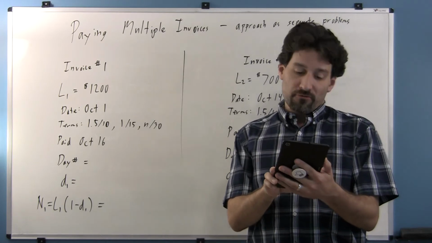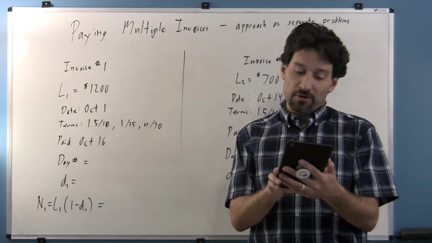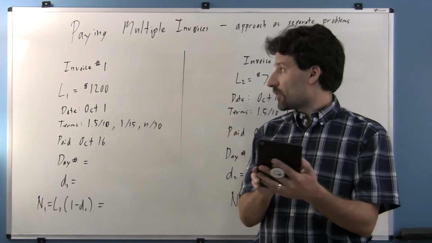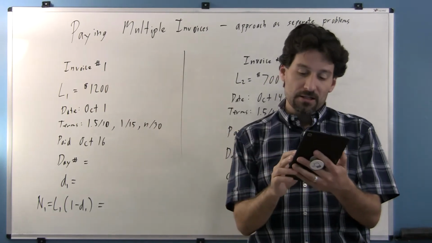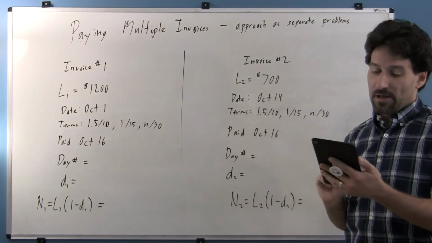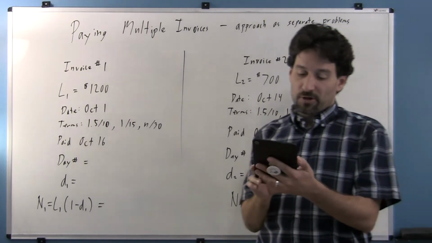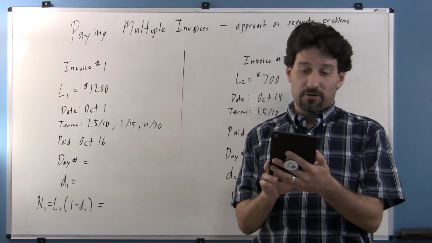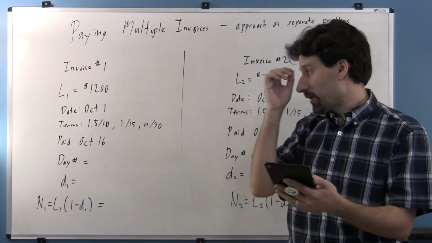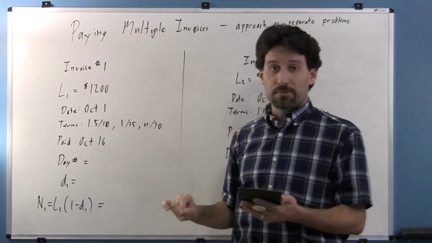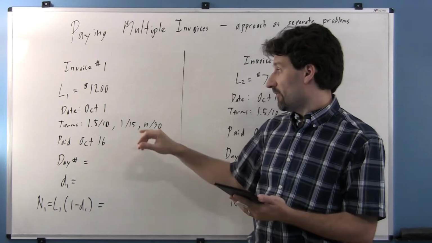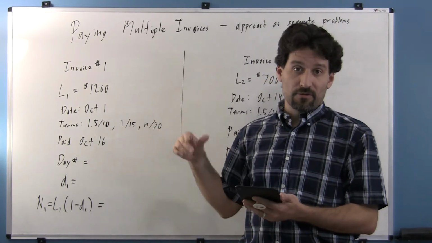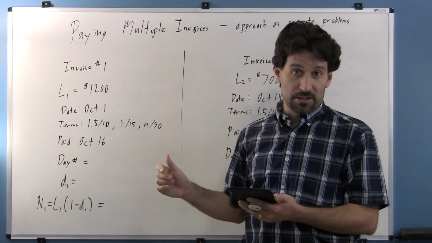You received two invoices. The first is dated October 1st for $1,200. The second is dated October 14th for $700. Both have terms 1.5/10, 1/15, net 30. So 1.5% discount up till day 10. Then for the next 5 days after that, day 11 through day 15, you can get a 1% discount.